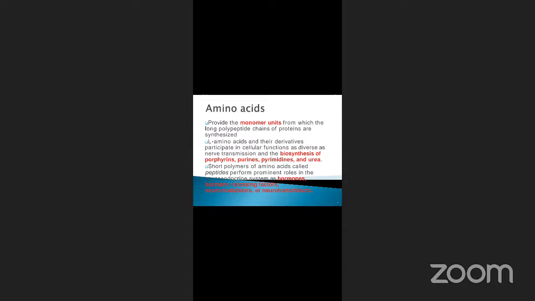There are two configurations of amino acids, and it is also based on their rotation. When we pass plane polarized light through an amino acid solution or powder, the light will turn to the left or right direction. Based on that also we classify them.